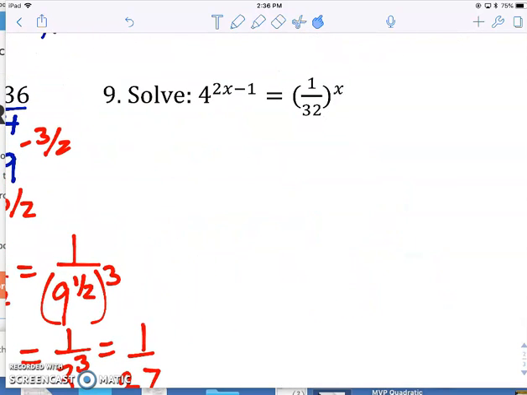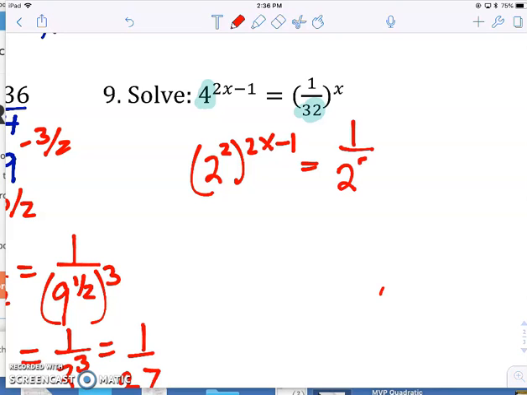So number 9, solving. We got to make bases are the same. So I notice 4 and 32 are both powers of 2. So 2 squared to the 2x minus 1. 1 over 2 to the 5th to the x. So if we distribute here, we got 4x minus 2.